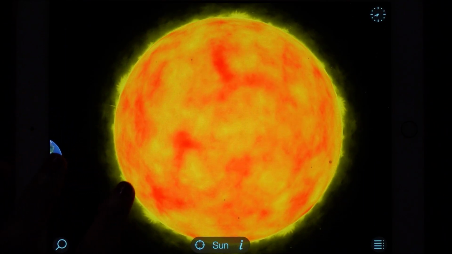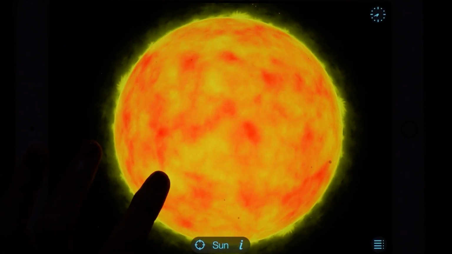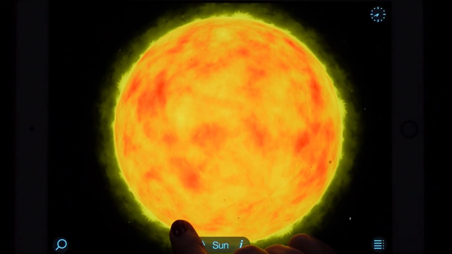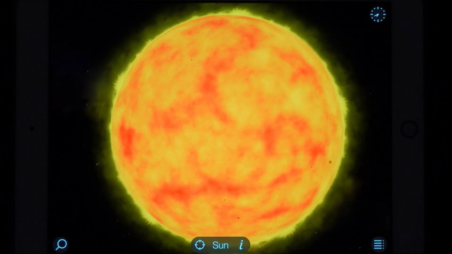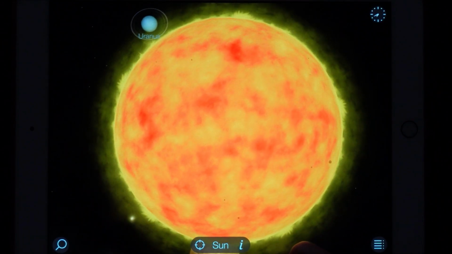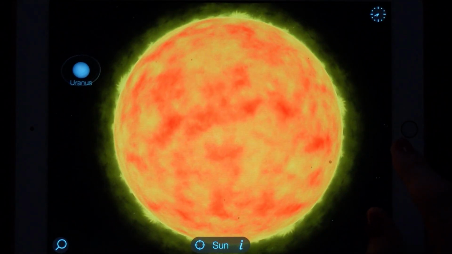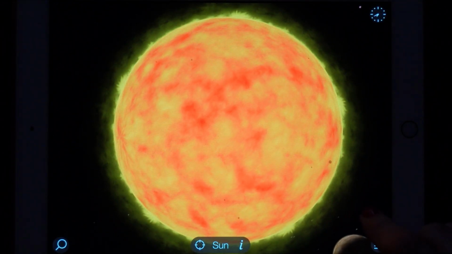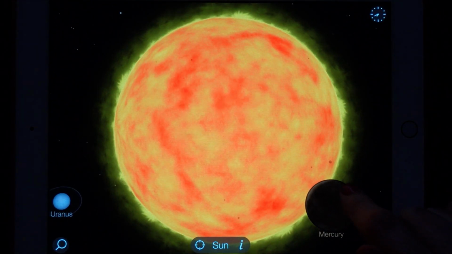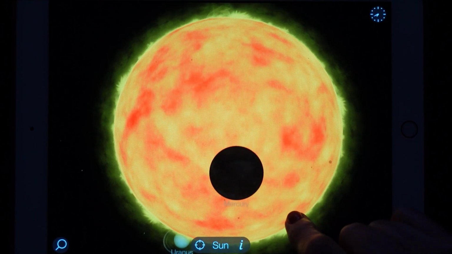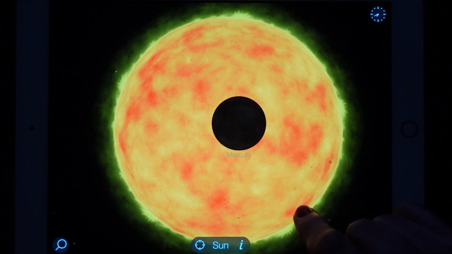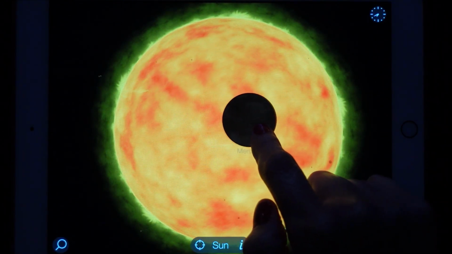Let's send the Sun spinning a little bit. Okay, we will find another planet. Well, this is Mercury, which has just come into shot. So let's check it out.